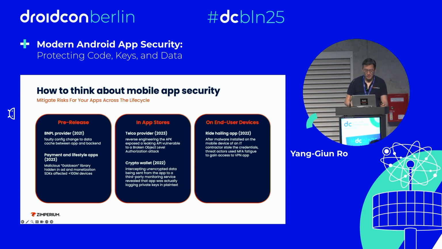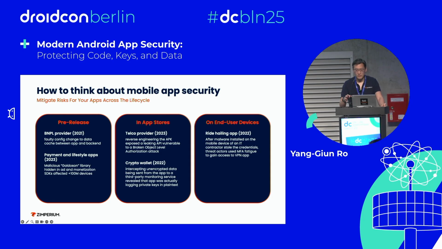Moving on, to give you an example for on-device or end-user devices, there was an application for ride-hailing. I'm pretty sure when you arrived in Berlin, right, you took a taxi or some car from the airport. One of these application vendors had an issue with an IT contractor, right? The threat actor retrieved the credentials of that contractor through malware. And then there was still MFA in the way, right?